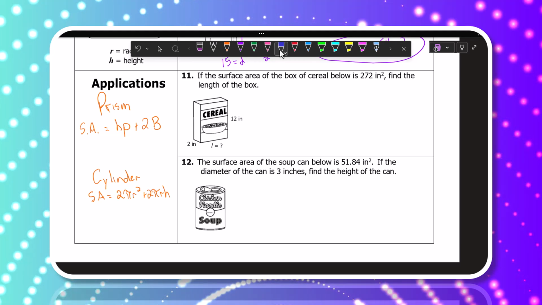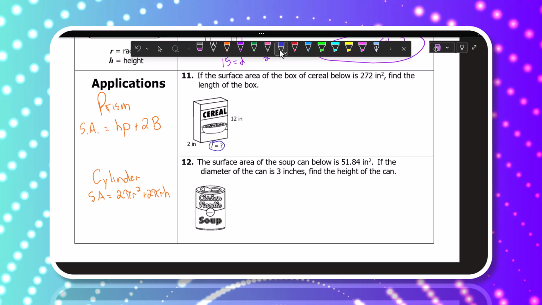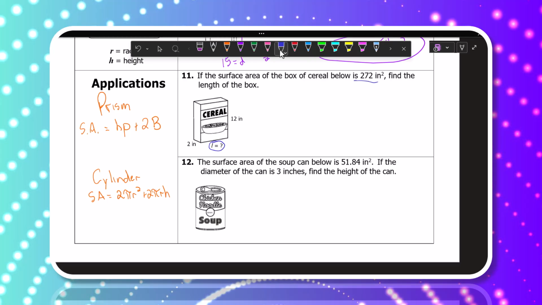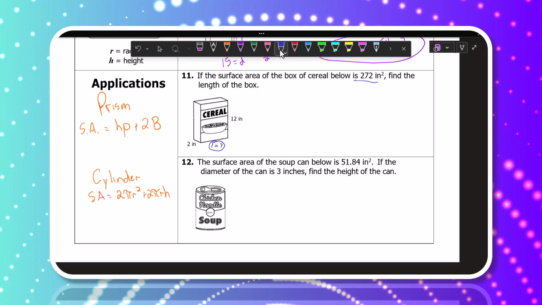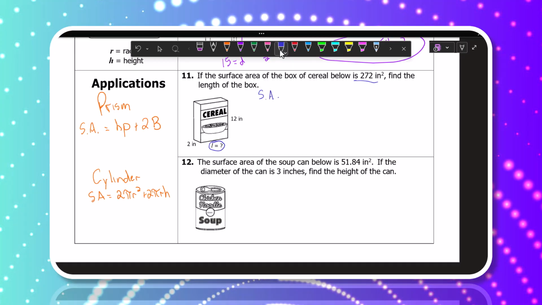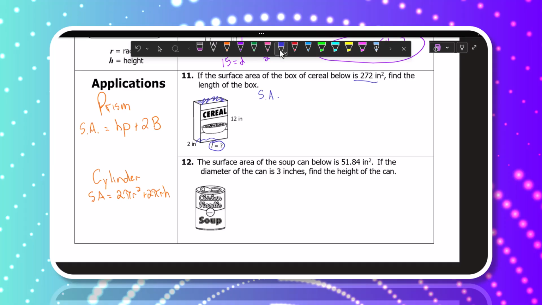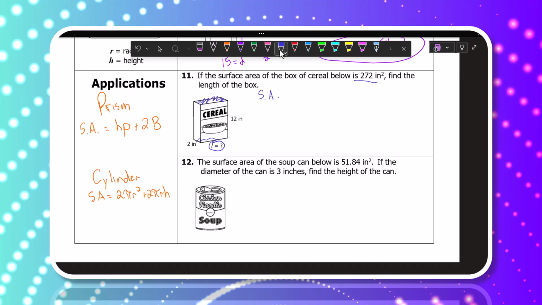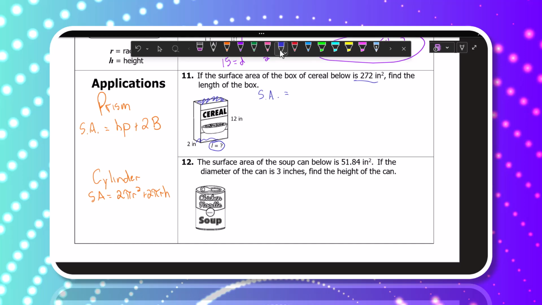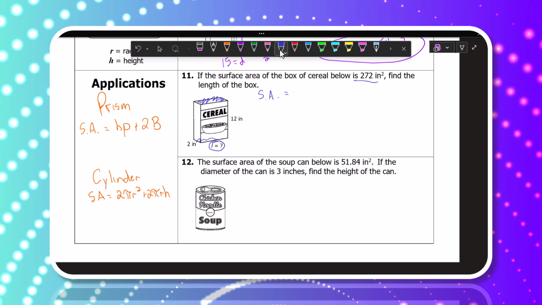So we need to find the length in this first one of this cereal box. We know the surface area is 272. So again, we've got to work backwards. Let's call the top of the box and the bottom of the box our bases. Since this is a right prism, we won't do that.